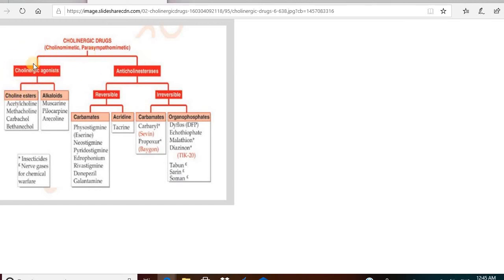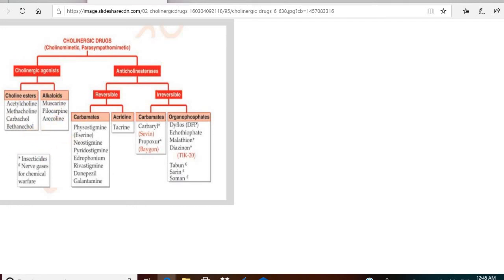So cholinergic agonists include choline esters and alkaloids. Alkaloids include muscarine, pilocarpine, arecoline, and choline esters include acetylcholine, methacholine, carbachol, bethanechol.